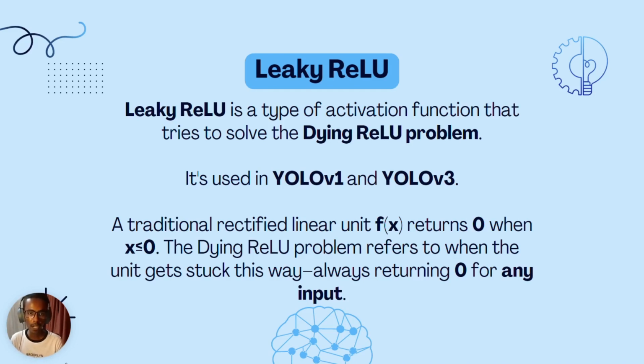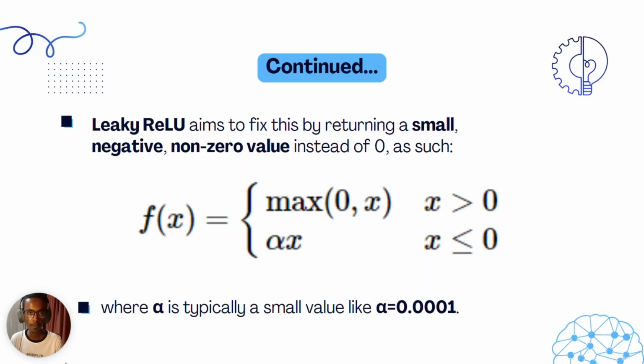A traditional rectified linear unit ReLU function returns 0 for all values less than 0. And the dying ReLU problem refers to when the unit gets stuck this way, always returning 0 for any kind of input. So the Leaky ReLU tries to address this problem by returning a small negative, non-zero value, instead of 0.